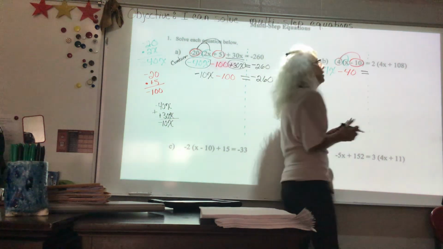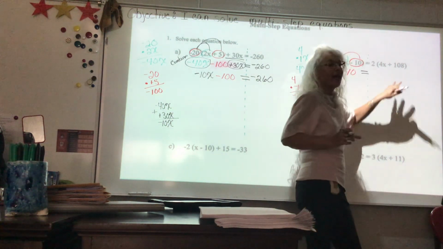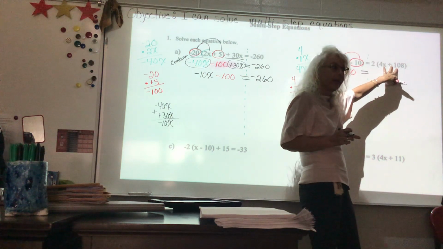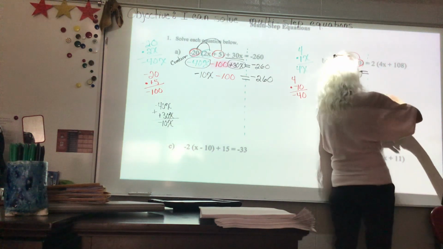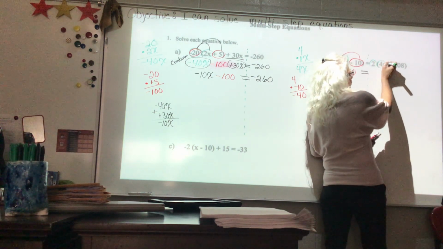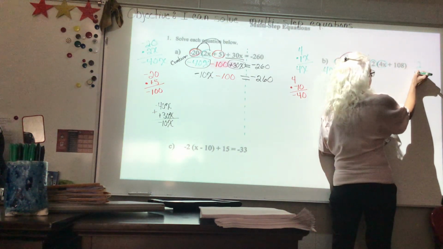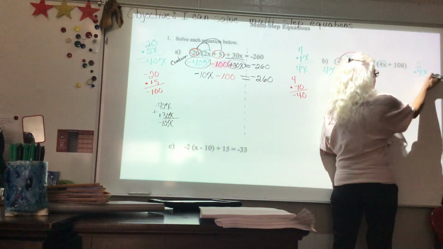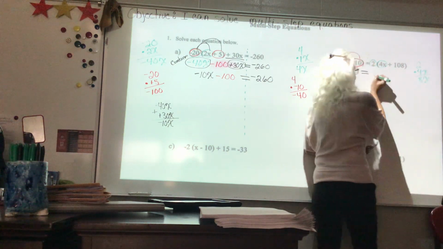Yeah. On the right side, we have the distributive property again, don't we? So I'm going to take the number in front of the parentheses, multiply it by my first term, so I'm going to do 2 times 4x, which is, of course, 8x.